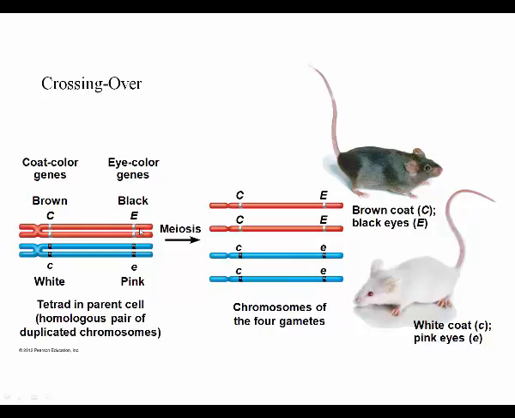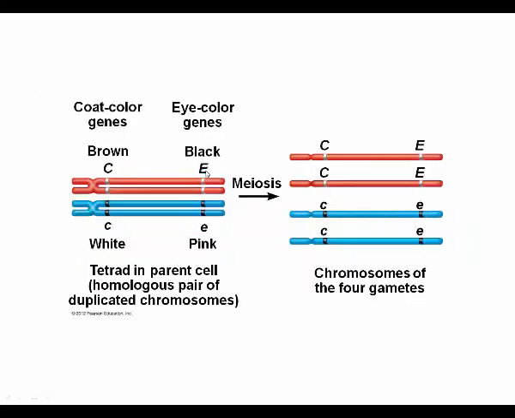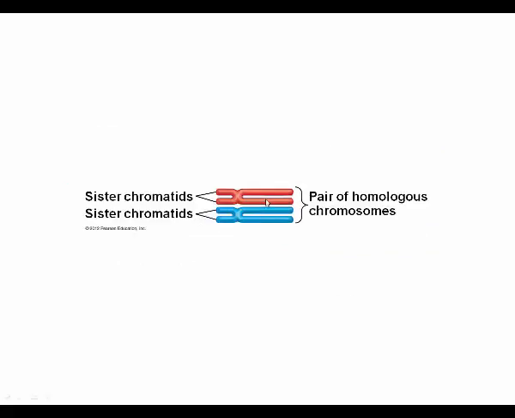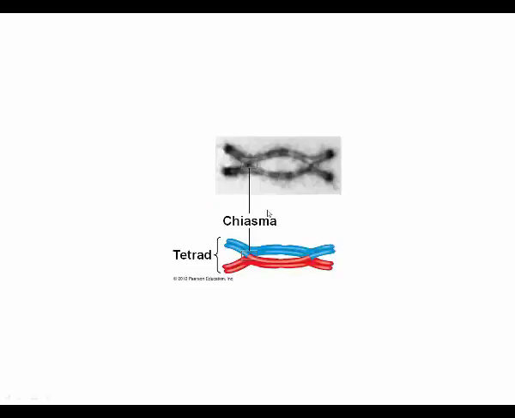Notice that mom gave a certain combination of alleles and dad gave another. Without crossing over, this mouse can either give brown coat and black eyes or white coat and pink eyes. But with crossing over, which involves the crossing over or recombination of DNA between sister chromatids, we can get a recombination of DNA.